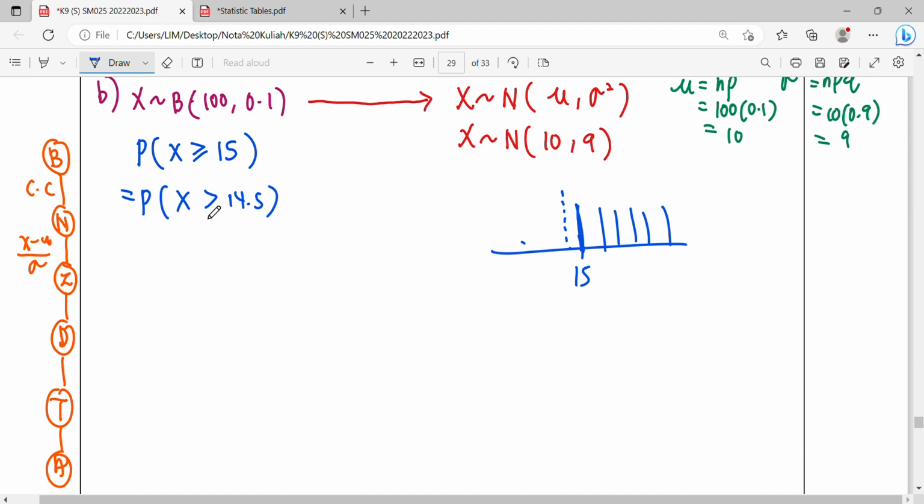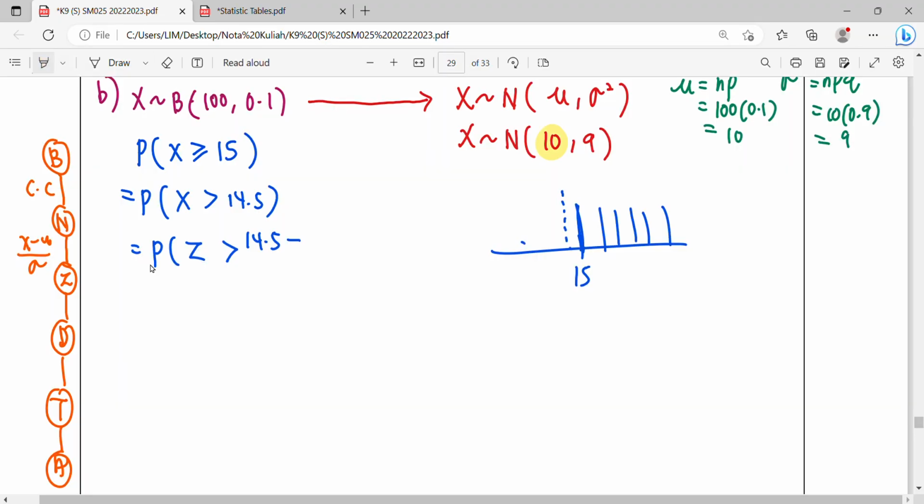So once it has become normal, the next procedure is we convert it to standard. So 14.5 minus mean. Where is the mean? Our mean is 10. The standard deviation: the variance is 9, so the standard deviation is 3. So what is your z-score now? 1.5.